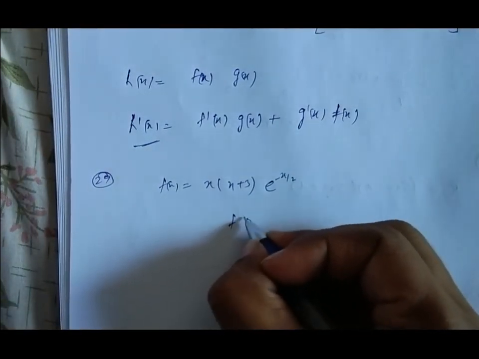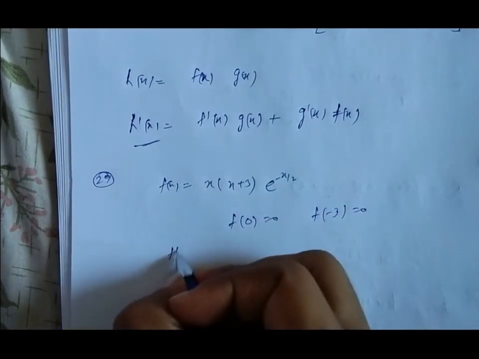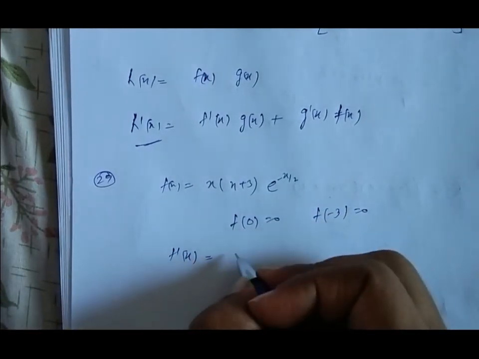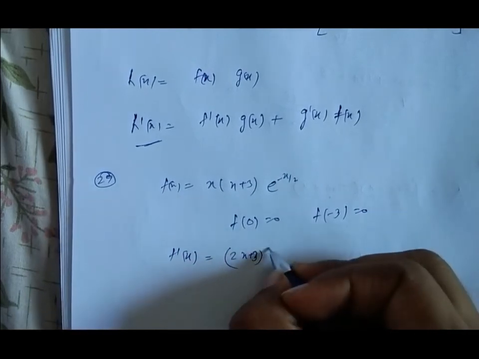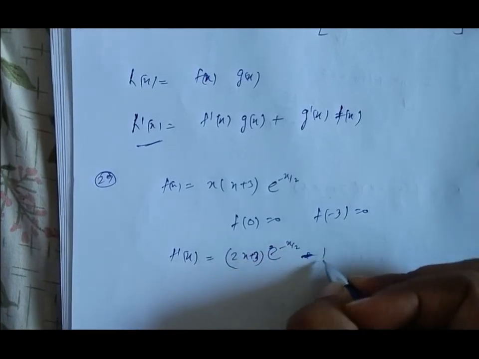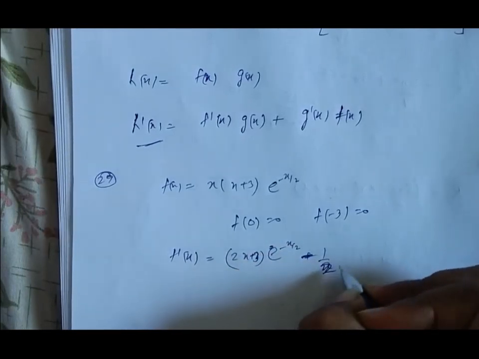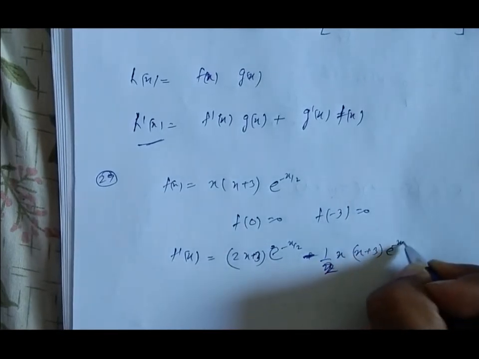F of 0 is equal to 0, f of minus 3 is equal to 0. Now let's calculate f dash x. F dash x is equal to 2x plus 3 e power minus x by 2 minus half x into x plus 3 e power minus x by 2.